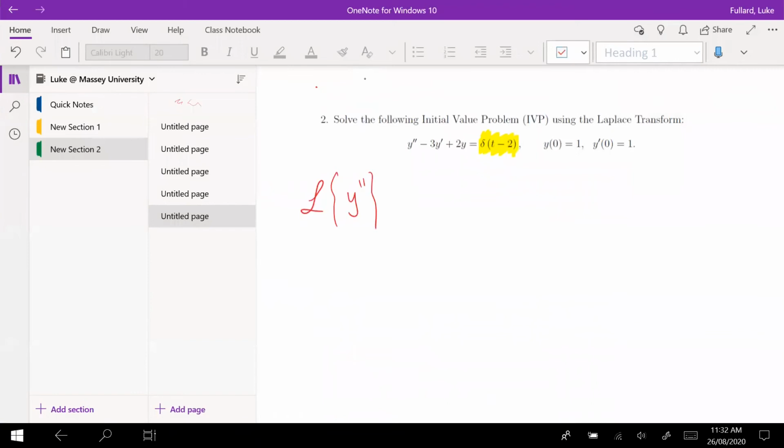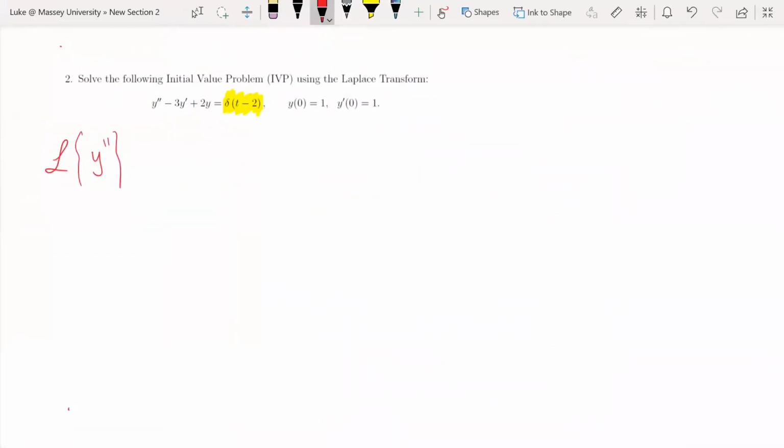So you've got a life raft there if you need it. This is equal to s squared times capital Y, where capital Y of s is the Laplace transform of y of t.